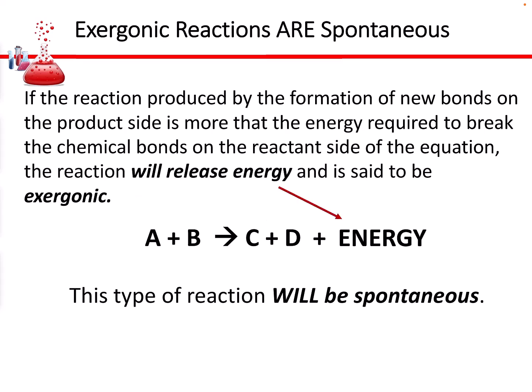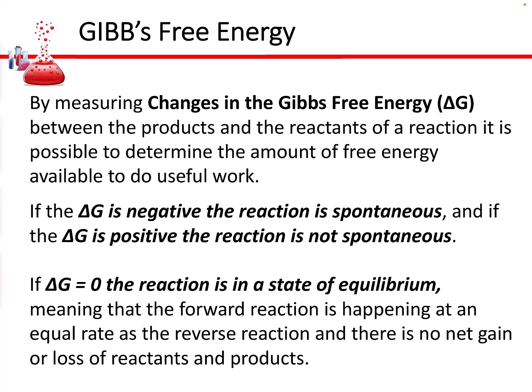However, if energy is released on the product side, then these reactions are called exergonic reactions, and these are spontaneous because the bond formation is releasing more energy than it took to break apart the bonds on the reactant side. So these reactions will be spontaneous, and they are called exergonic. So this energy of a reaction is called the Gibbs Free Energy.